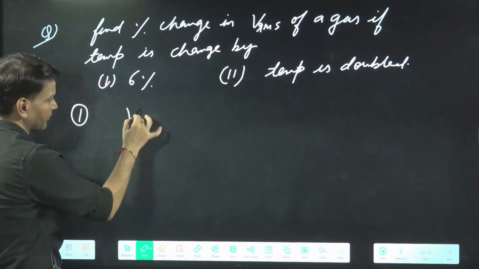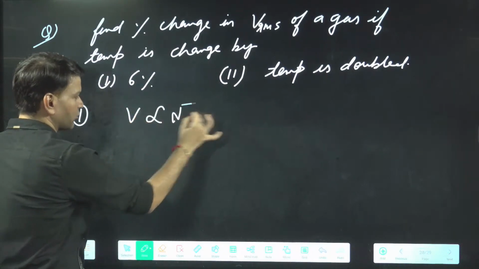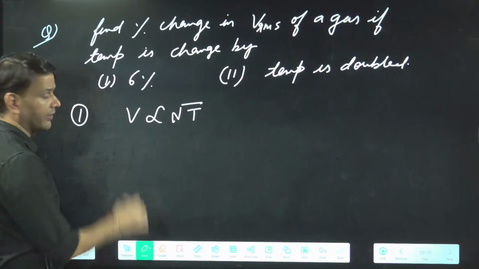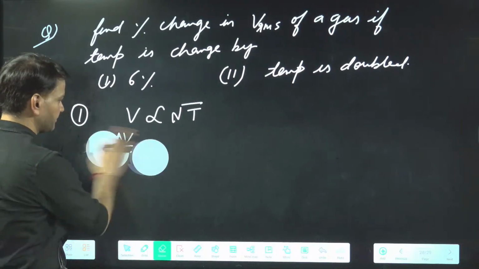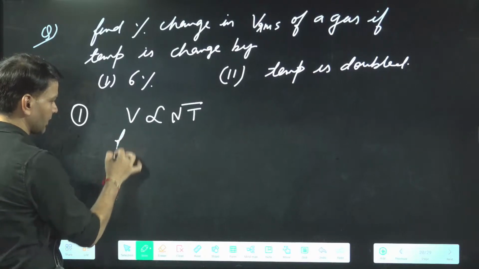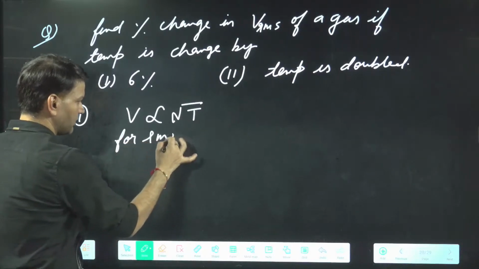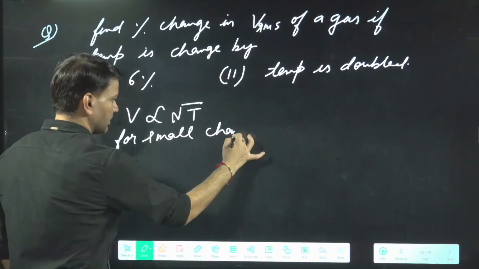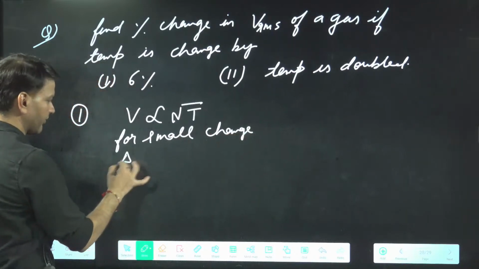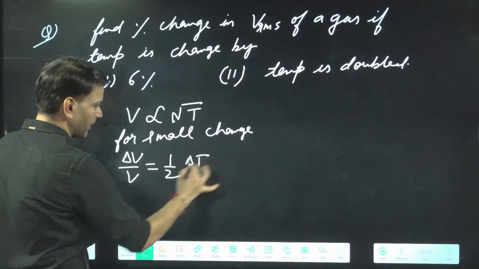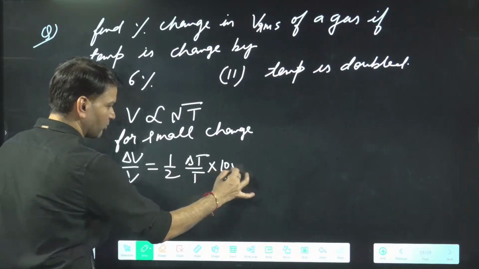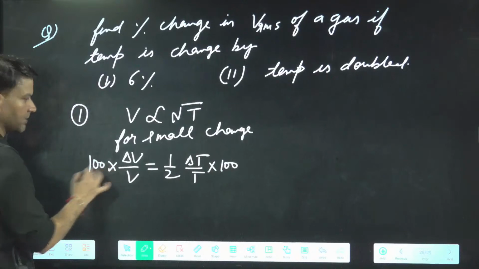We know that for the same gas V is directly proportional to the square root of T. Then for a small change, I can directly say delta V by V is equal to half of delta T by T. Multiply by 100 on both sides, then you will get the percentage change.